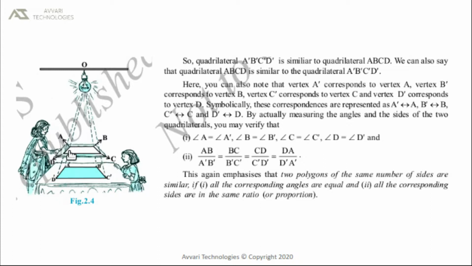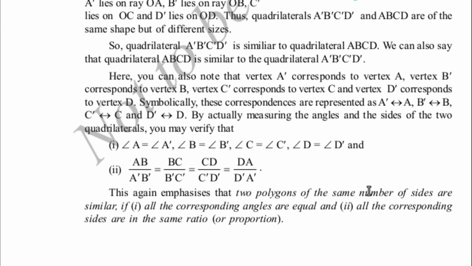The same thing follows for the angles B, C and D. Next, we need to prove that all corresponding sides are in the same ratio or in proportion.